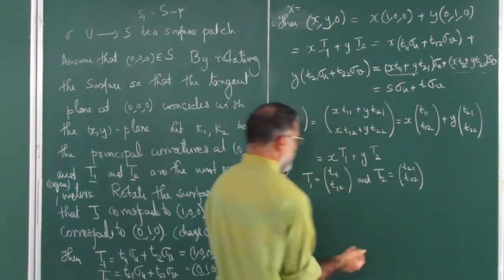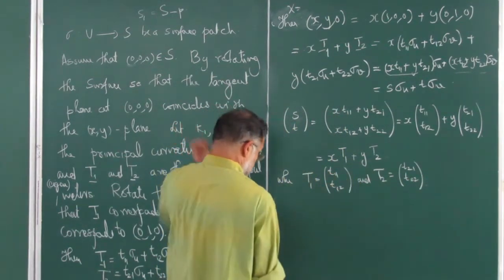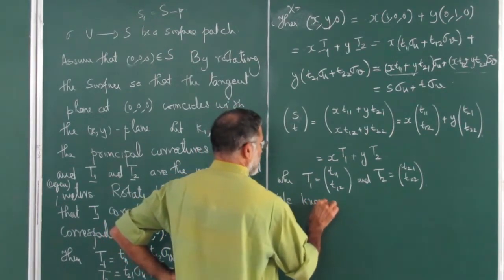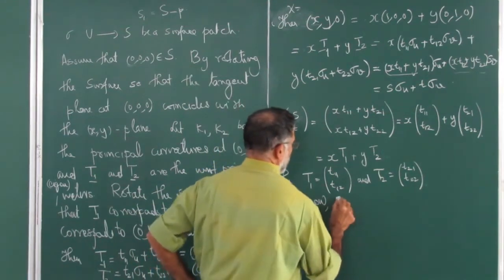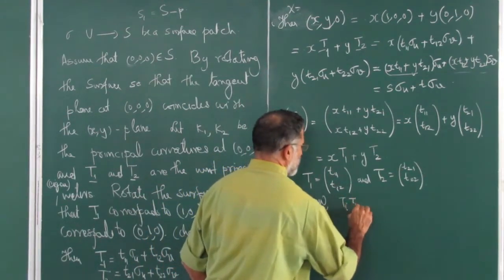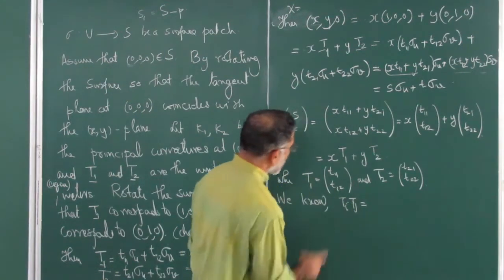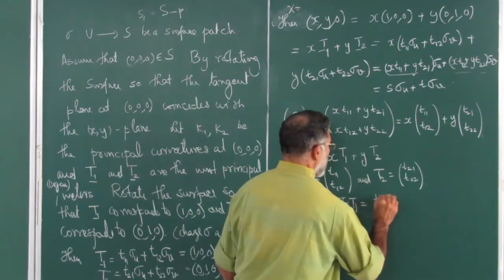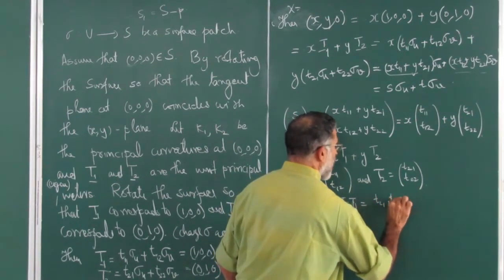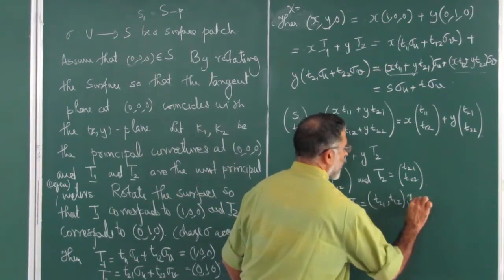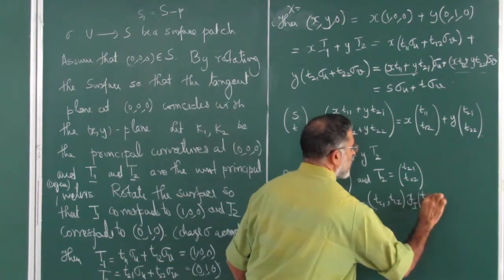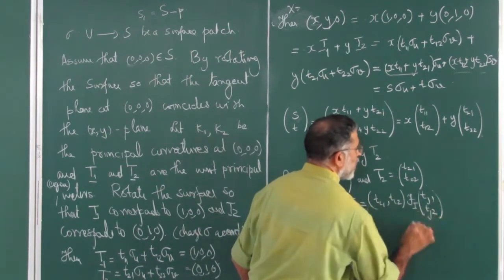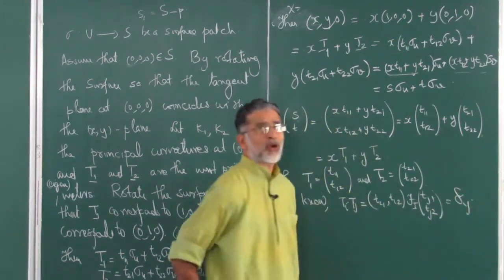But I can tell you this, we have seen. I don't know why I should repeat, but I'll repeat it again. Ti dot Tj, many times I have done this. Ti dot Tj, any one of them, that's the same as Ti1, Ti2, F1, Tj1, Tj2, and that's actually delta Ij because it's orthonormal.